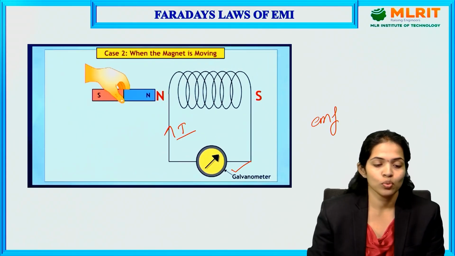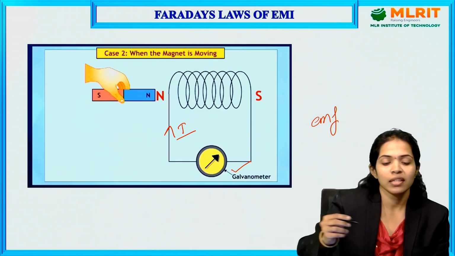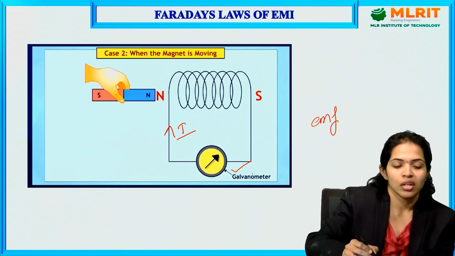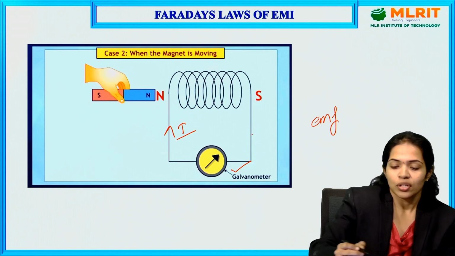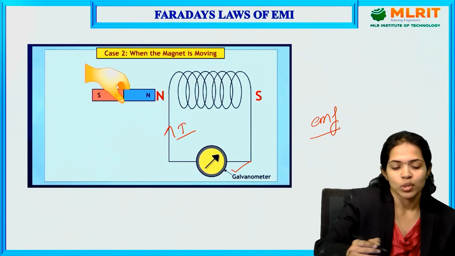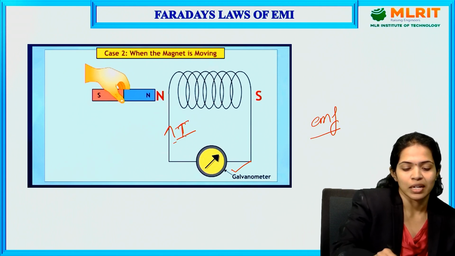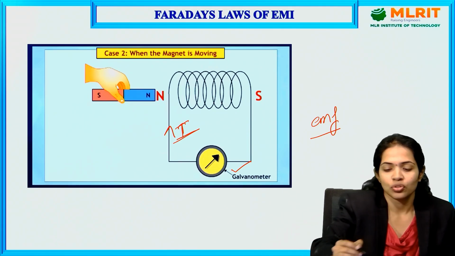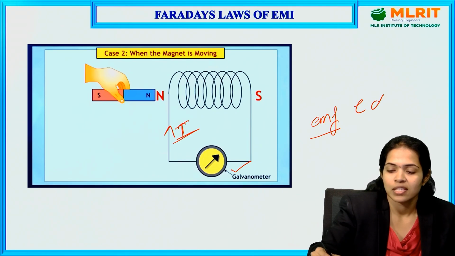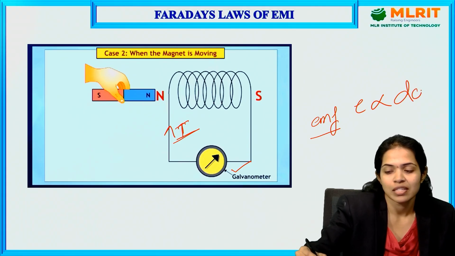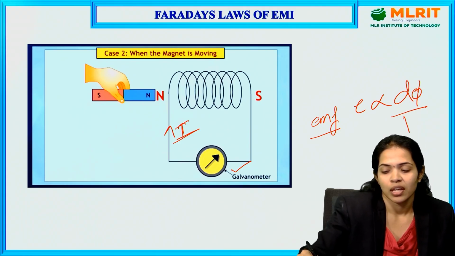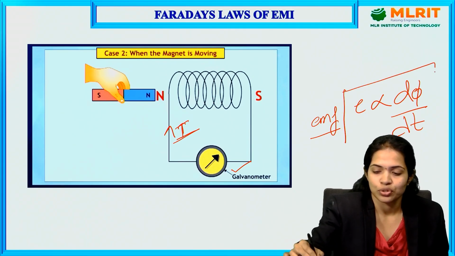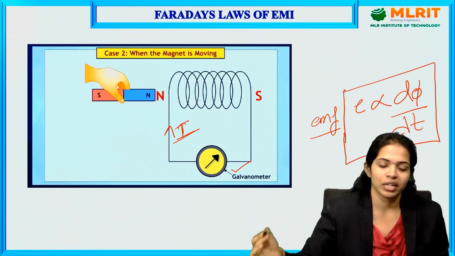In case 2, when the magnet is moving and the coil is stationary, there is again a deflection shown in the galvanometer, and this EMF is again responsible for the current which flows in this conductor. So in both cases, the EMF generated is directly proportional to the flux linkages of the magnet in a particular stipulated time. This is the basic relation for Faraday's laws of electromagnetic induction.